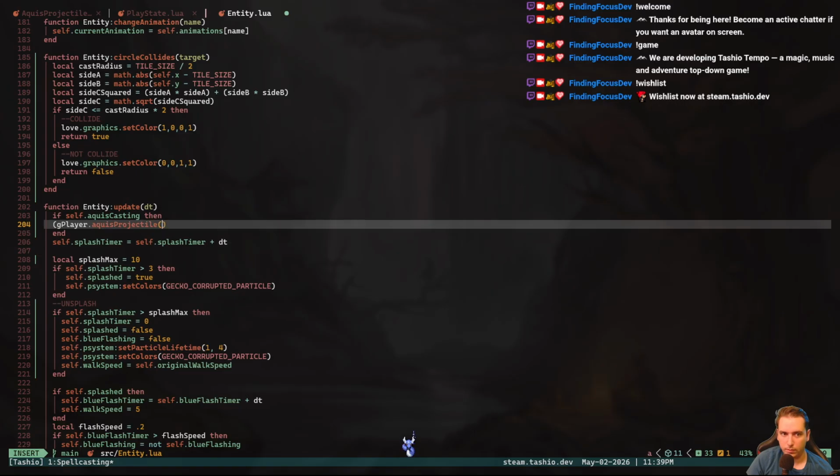We want this projectile and we want to run the circle collides method and give it a target of the self, because the self entity does have an x and y, width and height.